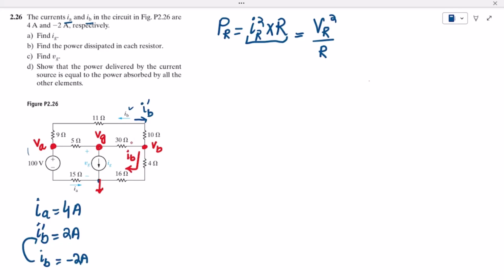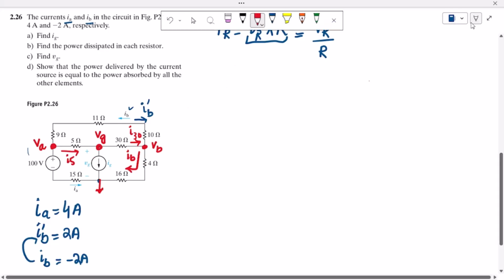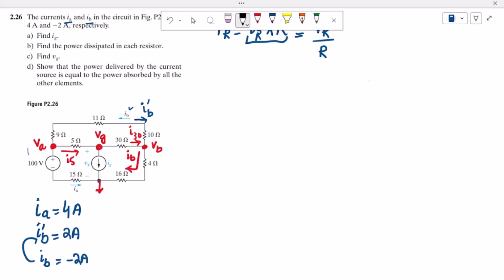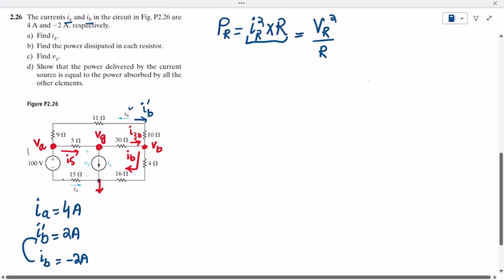This current, taking the direction here, is I30. This is this one, and the current flowing through this one is I5. Okay, these currents are given.